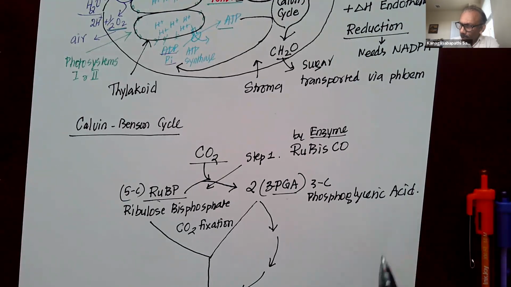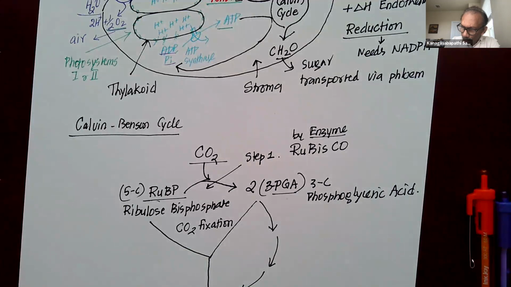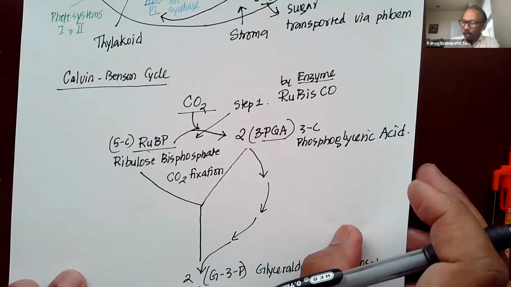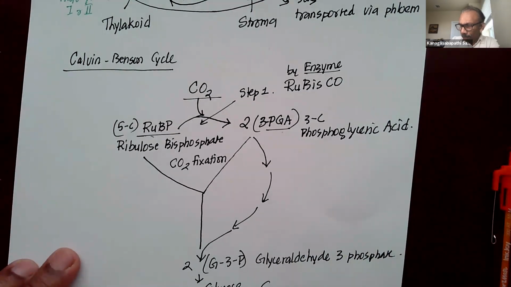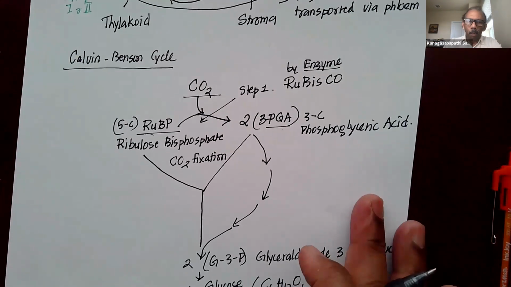Now, an acid becoming an aldehyde, which is the sugar. And when 2 of these molecules combine, it will make 1 glucose. I will complete this and give you the equation correctly, which is C6H12O6. That's glucose. Okay.